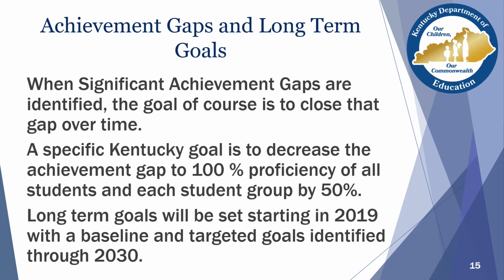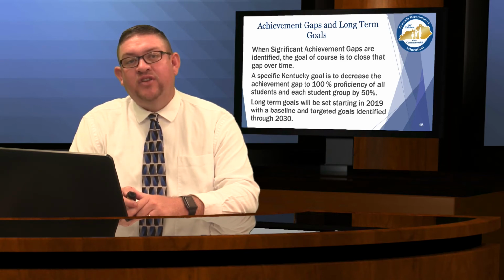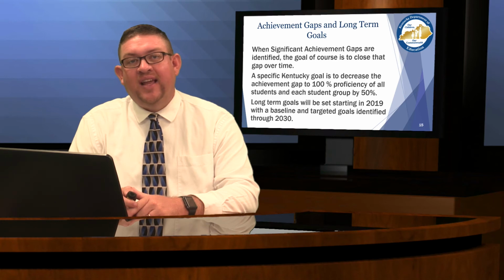In doing that, Kentucky has set long-term goals starting in 2019 with a baseline for each subgroup. Targeted goals have been established through 2030 to focus on standards set each year to move our students forward. Specific details will be shared regarding long-term goals in the 2018-2019 Accountability Reporting and 2020 Spring Testing section presented by Jason Howard.